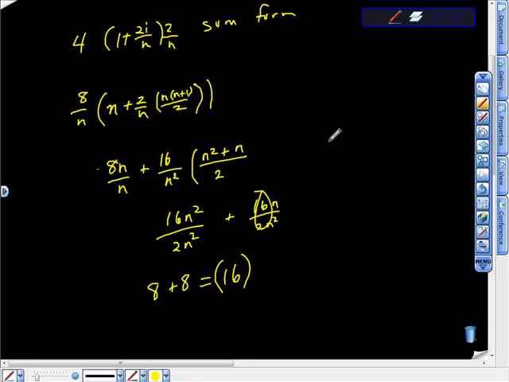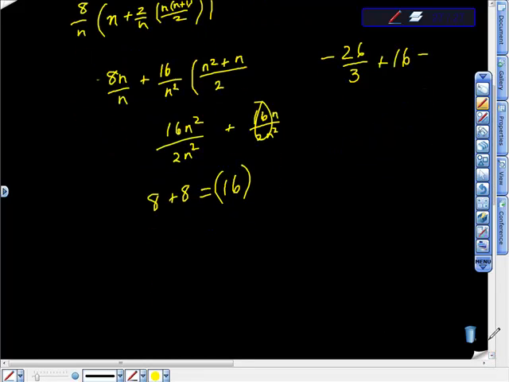So far we have -26 thirds plus 16, right? Minus, and let's do the last part here. The last part is this one. I'm going to actually get this done. I cannot believe it. The integral from 1 to 3 of 3, right, times 2 over n.